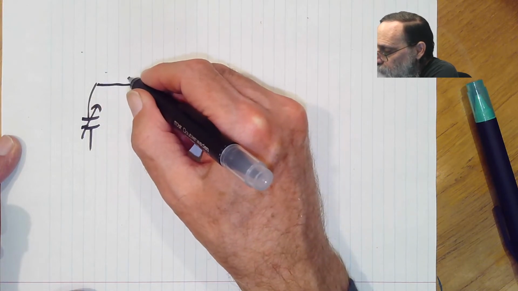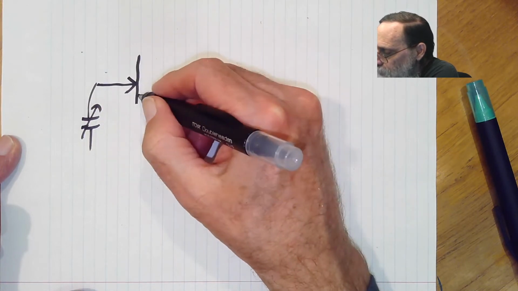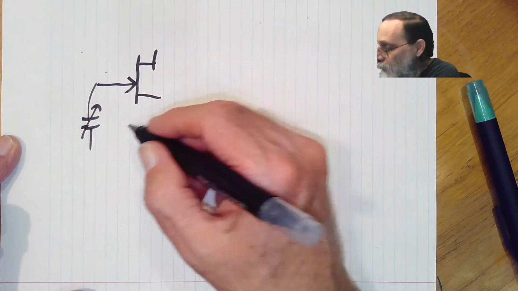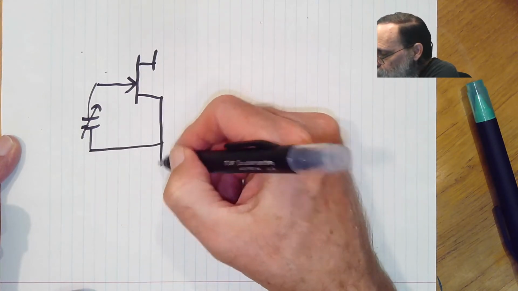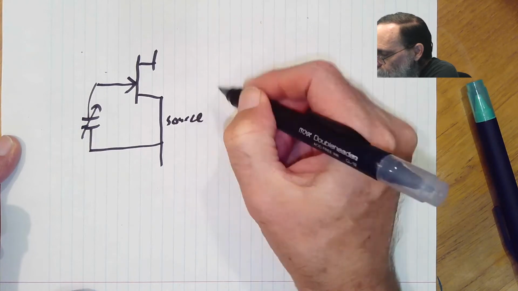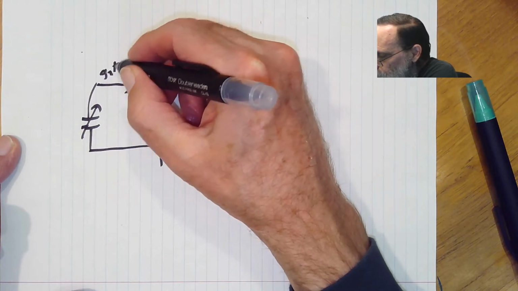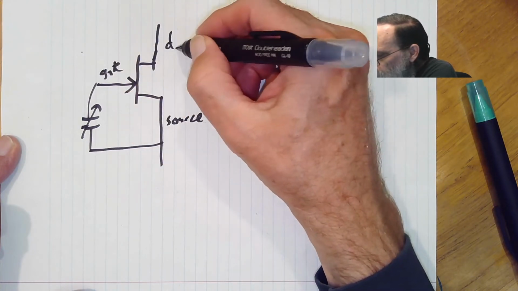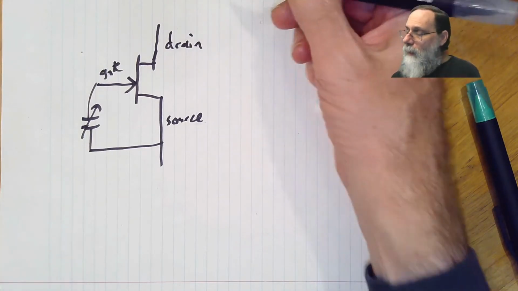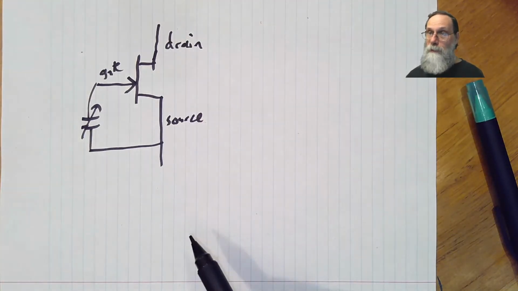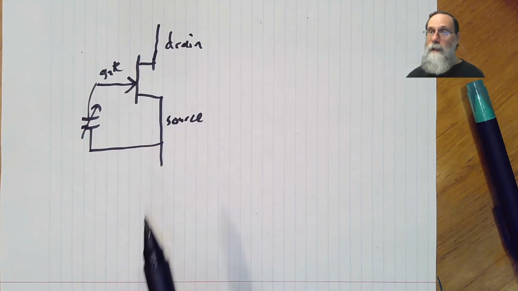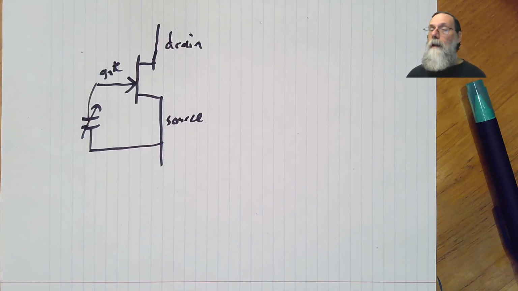One end of it is connected to the gate of a junction field effect transistor. The other end is connected to the source. And the only access we have is to the source and the drain of the junction field effect transistor. The gate is entirely contained within the can of the electret microphone and is not accessible to us.